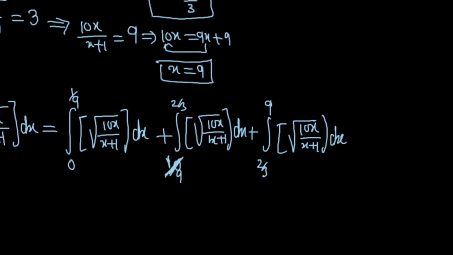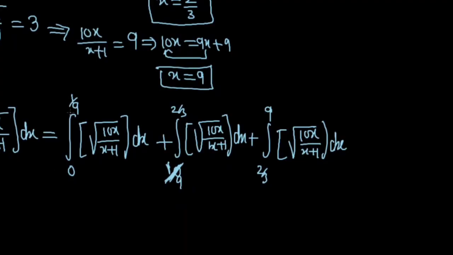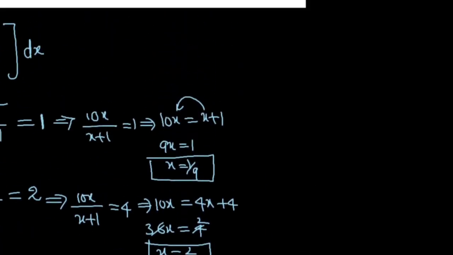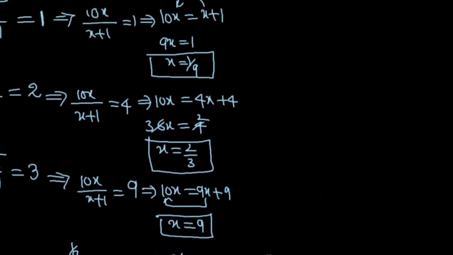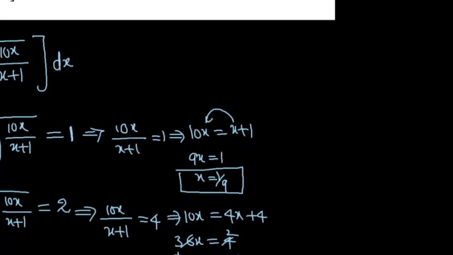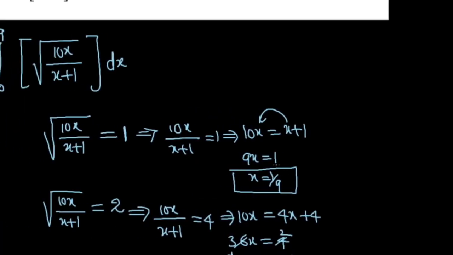Now we have to check the result. So 0 to 1 by 9, the result is actually, at x equal to 1 by 9 it is 1. The output value is 1. That means below this, less than 1 by 9 down to 0, the output is definitely less than 1.